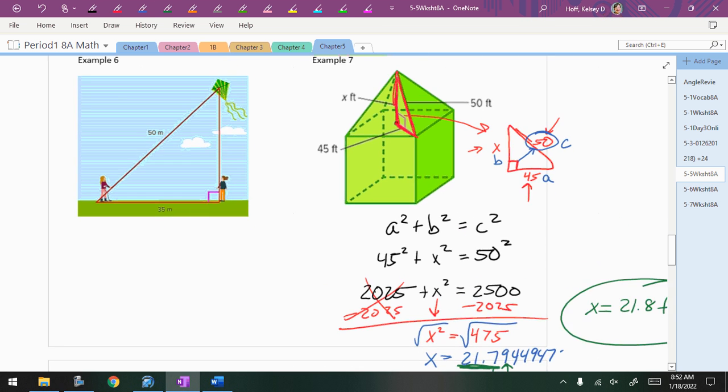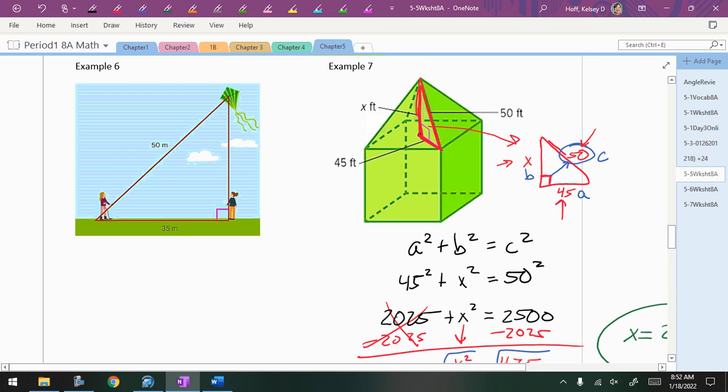Okay. I want you to try example 6. Start to finish on your own. Don't say anything out loud. Once everybody's done, I will double check it with you. Example 6, the one with the kite.